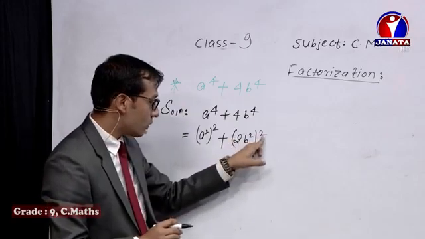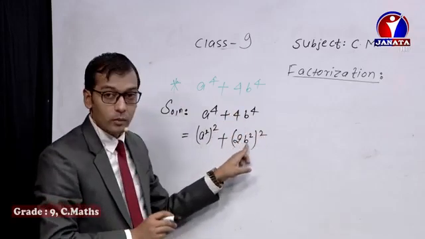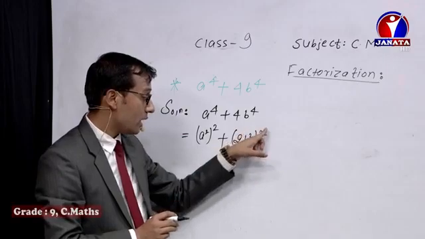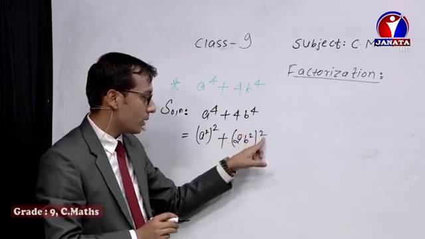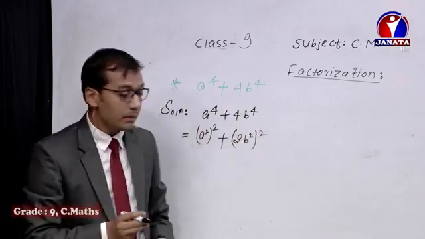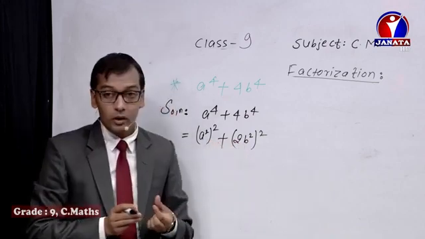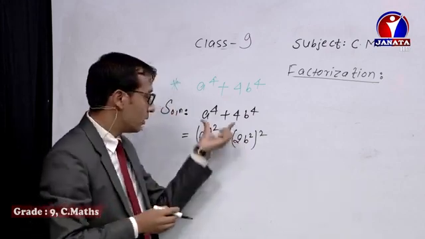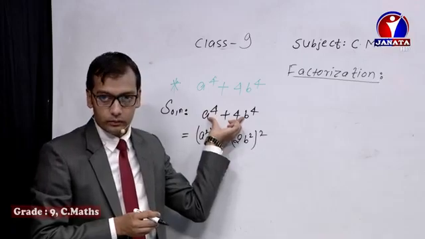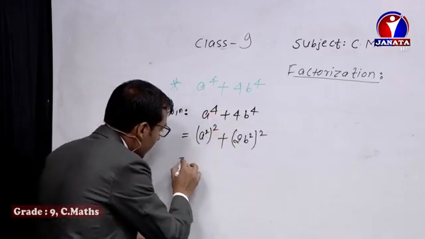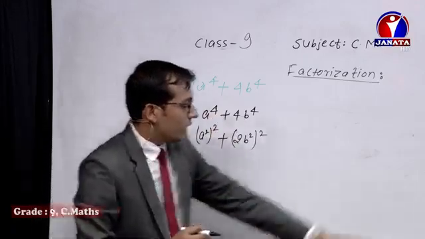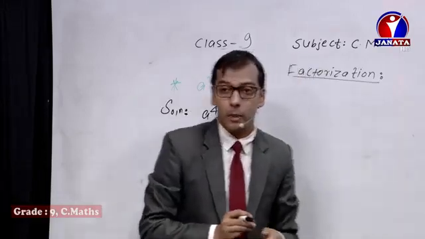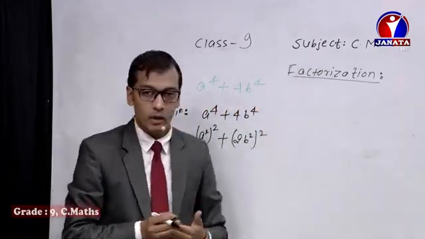And b square times 2: 2 times 2 is 4. So if we simplify this first step, we will obviously get the original expression. Now it's again in the same form of a square plus b square.